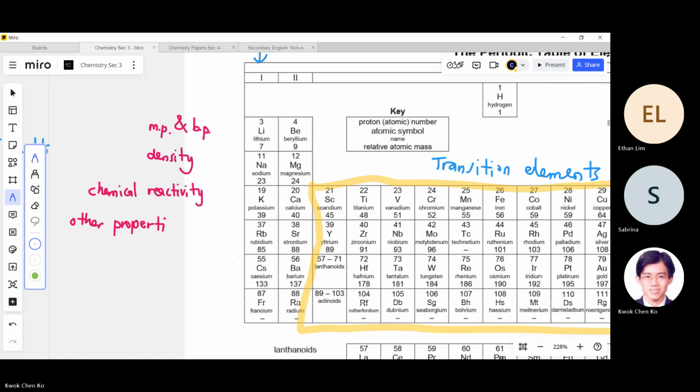So think about this for the other groups as well. And a quick reminder, these two are physical properties. In case your exam question asks you physical properties, think about them.